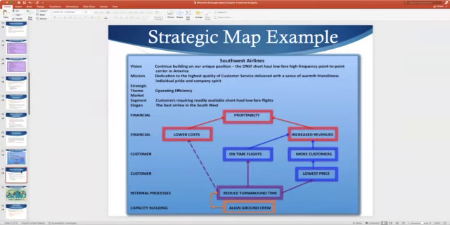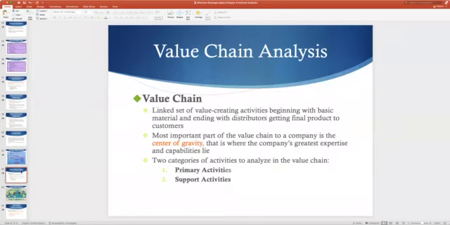Let's jump over to something called the value chain and value chain analysis. Well, the value chain is a linked set of value creating activities, beginning with the basic raw material and ending with either the distributor getting their final product or that customer getting their final product.